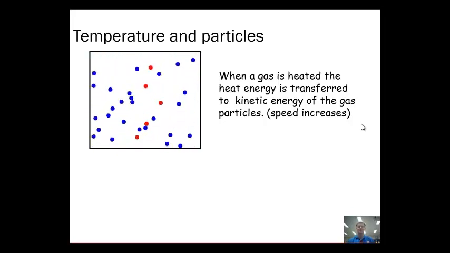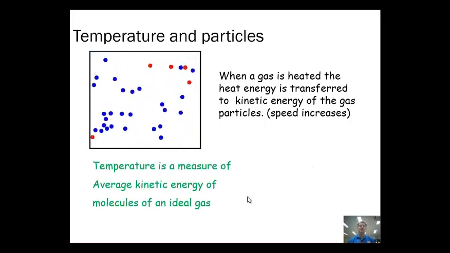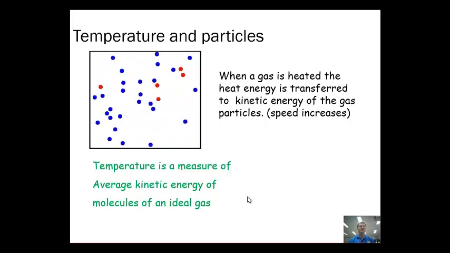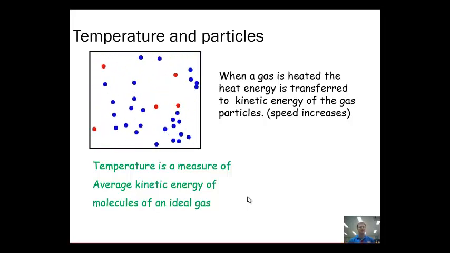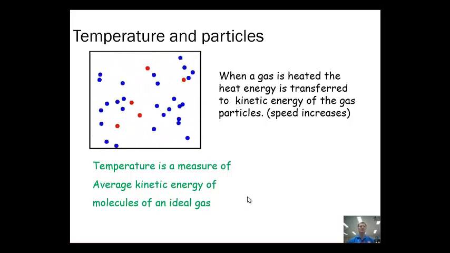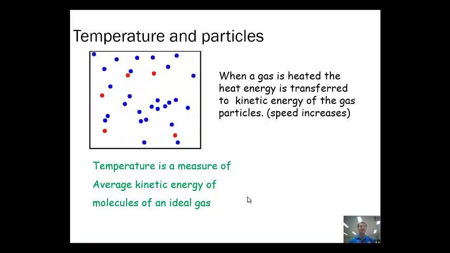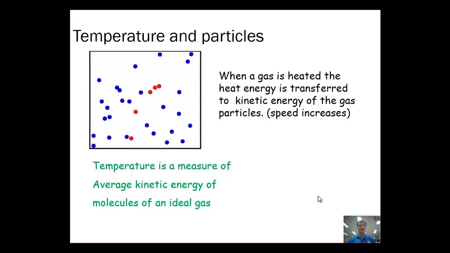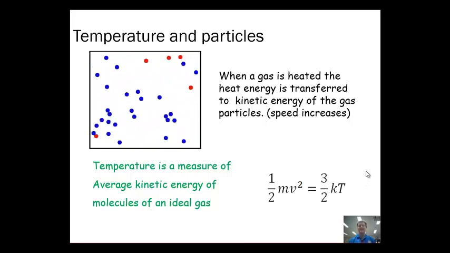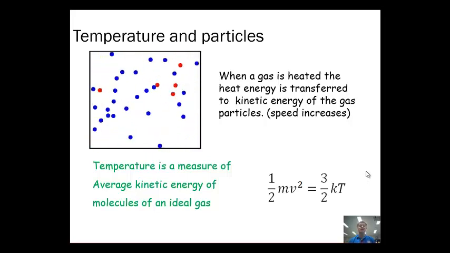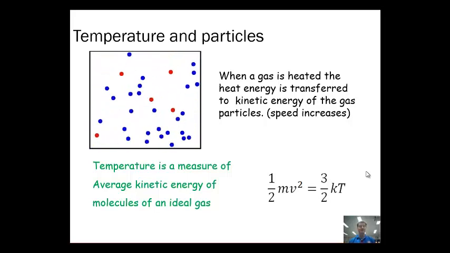So, as we probably already recognize, temperature is a measure of the average kinetic energy of the molecules of an ideal gas. So we're linking these things together. This is a direct link between temperature at a macroscopic level and the average kinetic energy of molecules at a microscopic level. There's a formula which relates to this. This is something you don't need to worry about for the IB diploma, but there's some interesting mathematics which can be done with this.